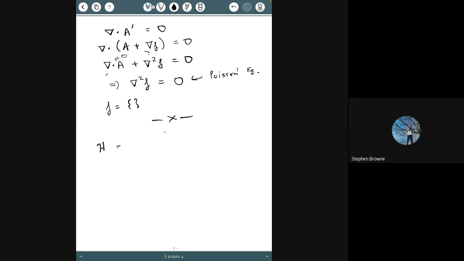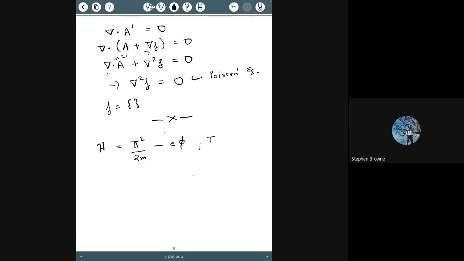I defined something called pi, which I called the physical momentum of the particles, which gives you the kinetic energy, and you have a scalar potential phi.